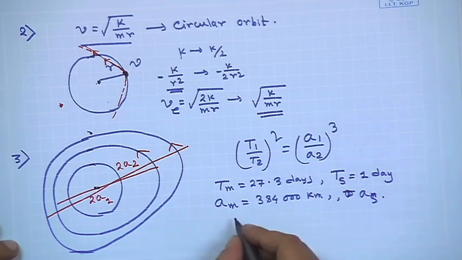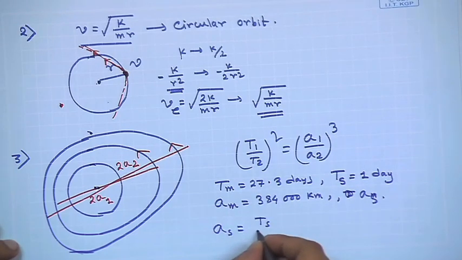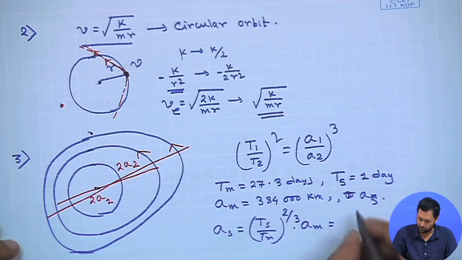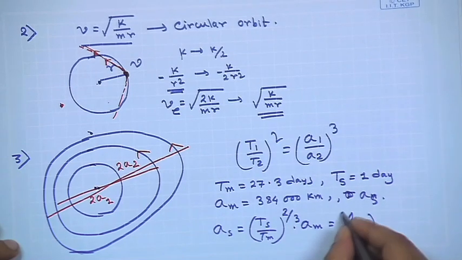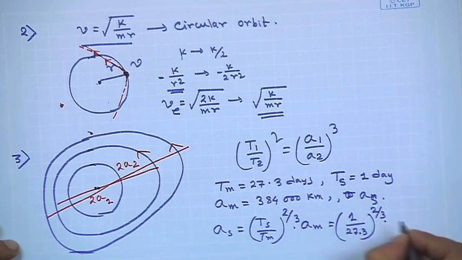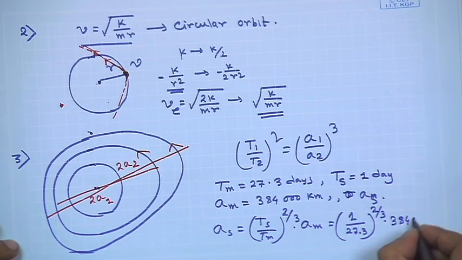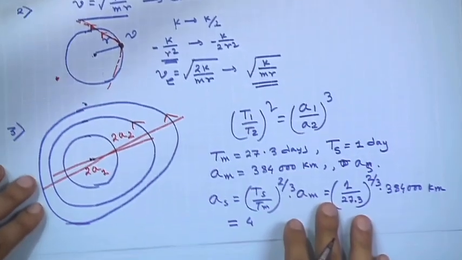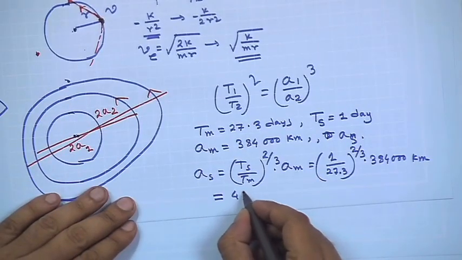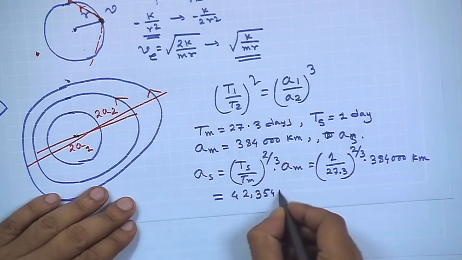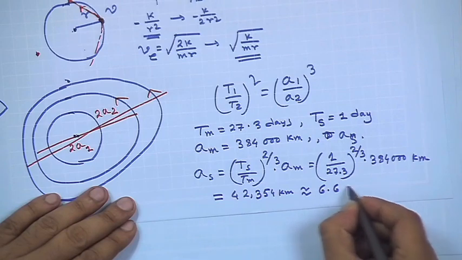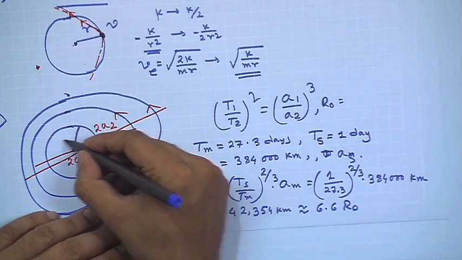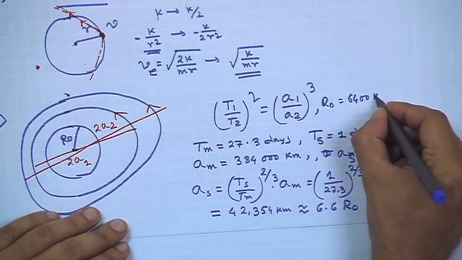Okay. So, when we put it into this equation, we get As equal to Ts by Tm whole to the power 2/3 into Am, which will be 1 by 27.3 whole to the power 2/3 into 384,000 kilometers, which will be 42,354 kilometers, approximately 6.6 R0, assuming that R0, the radius of Earth, is 6400 kilometers.